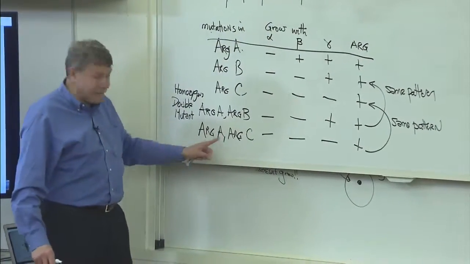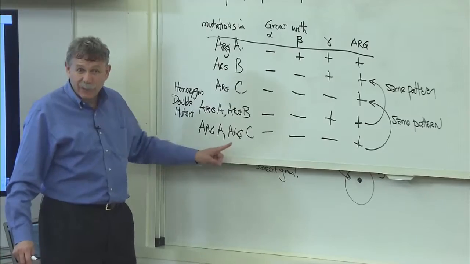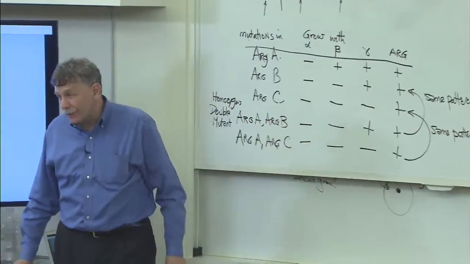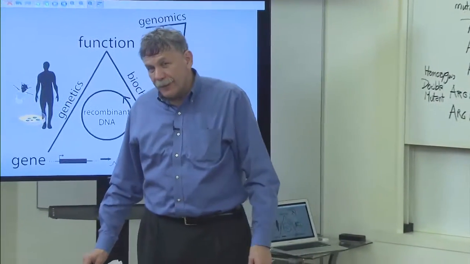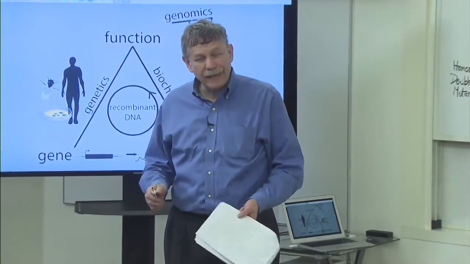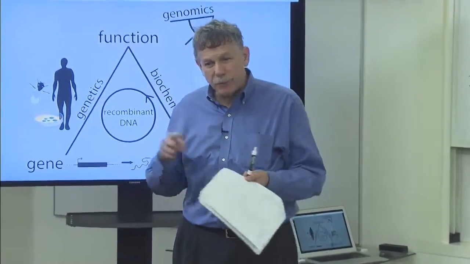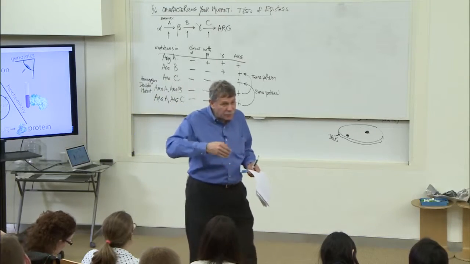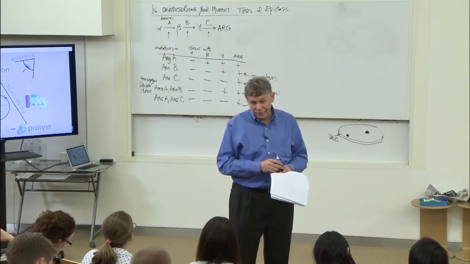When you combine A and C, does it look like an A? Does it look like a C? It looks like the later step in the biochemical pathway. I could actually tell, by crossing together my mutants and making double mutants, the order of the steps in the pathway.